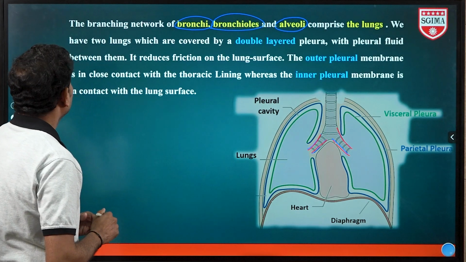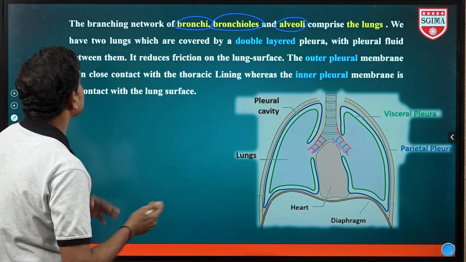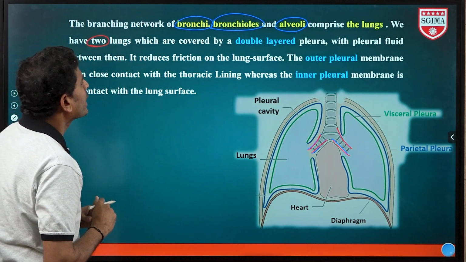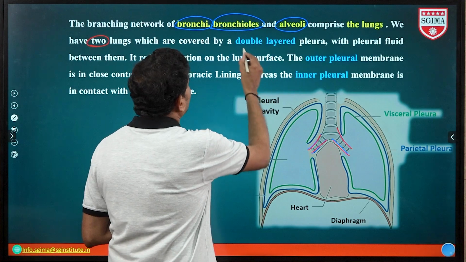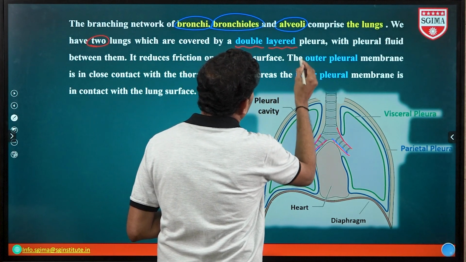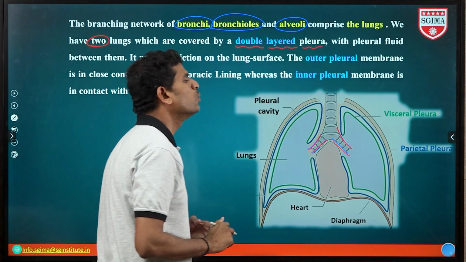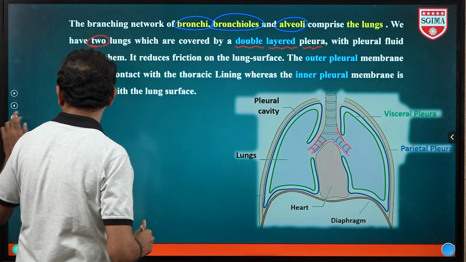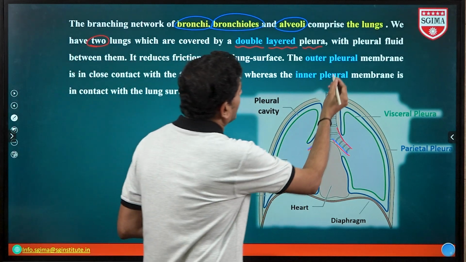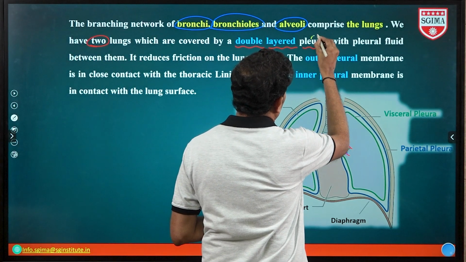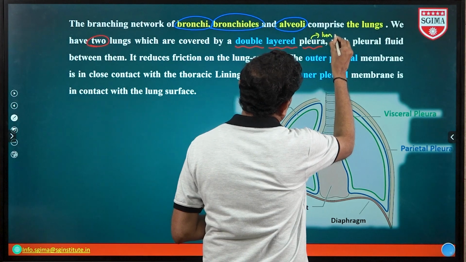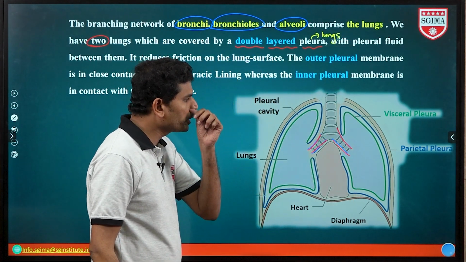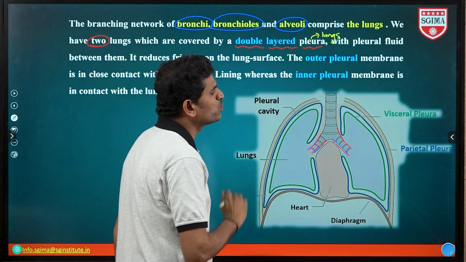The next point: we have two lungs. Everyone knows we have one pair of lungs, covered by a membrane that is a double-layered pleura. The words pleura and pneumo indicate the lungs only. So the lungs are covered by a membrane that contains two layers.